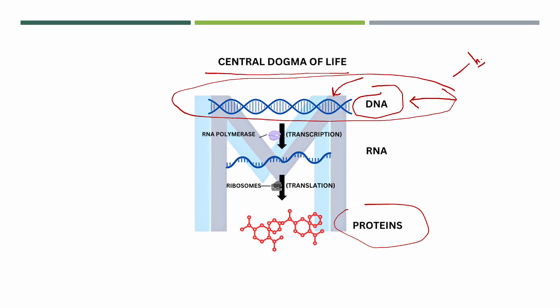The leading strand is synthesized continuously, while the lagging strand is made in short Okazaki fragments. And these fragments are later joined by ligase, which seals the DNA backbone and completes replication.